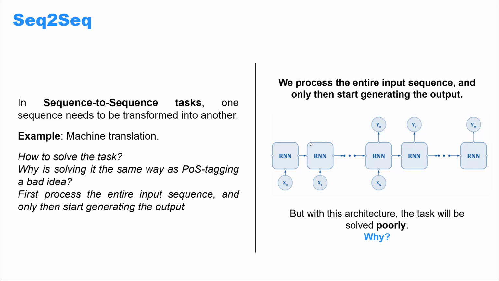So our model, our RNN, will forget information about the first inputs when it reaches the last inputs. So the translation will be poor.